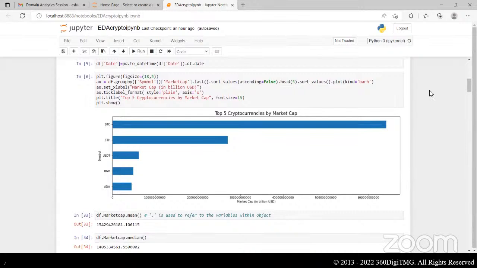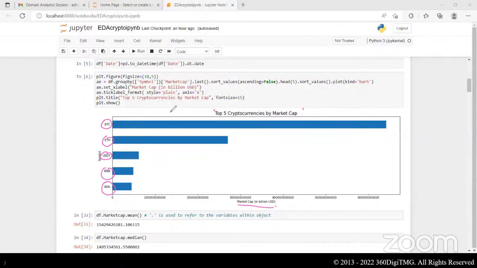When I am plotting it, I'm observing that, by market cap, Bitcoin, Ethereum, USDT, BNB, and ADA are the top 5 cryptocurrencies. This is a simple matplotlib graph, and it came after grouping by symbol on the market cap.